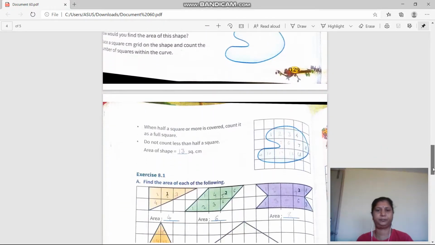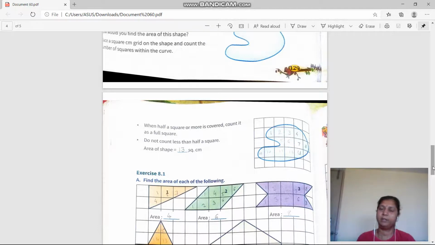See here, the same rule we have to follow. Once again I will repeat the rule. A whole square we take as 1, a half we take as half a square centimeter, more than half we count as 1, and less than half we will not count. Everyone remember this rule? So let's start.